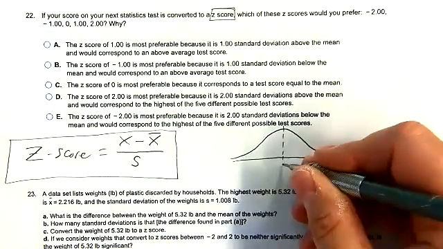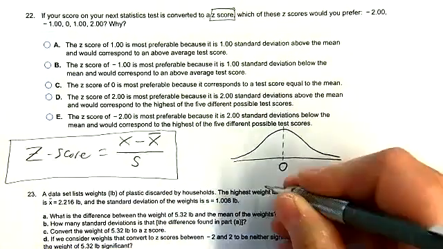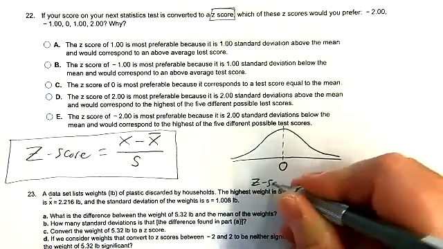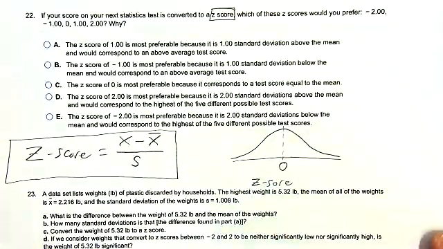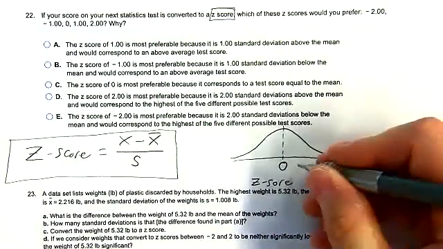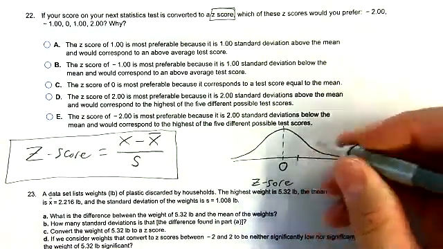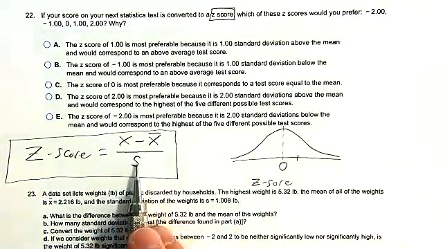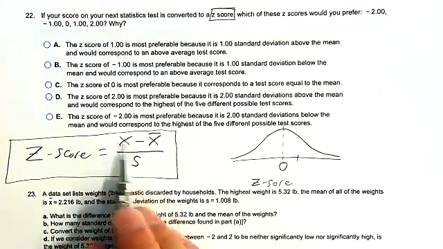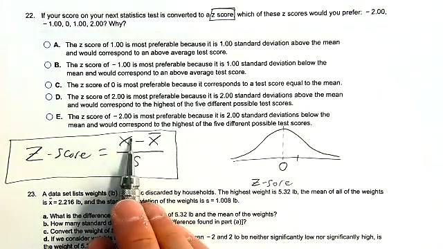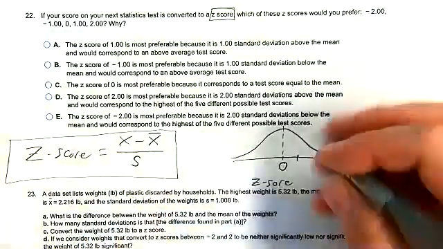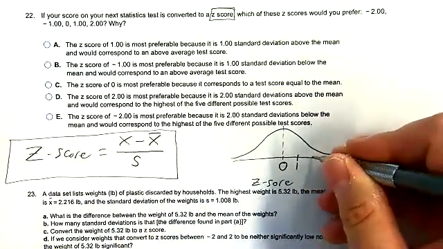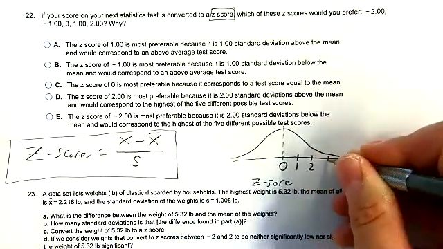So the center of this curve is now 0. So these are now z-scores in the x-axis. And then one tick mark, if you remember, that was x bar plus 1s. So if I subtract x bar from that, I'm left with just 1s divided by s would be 1. Then this is 2, and this is 3.